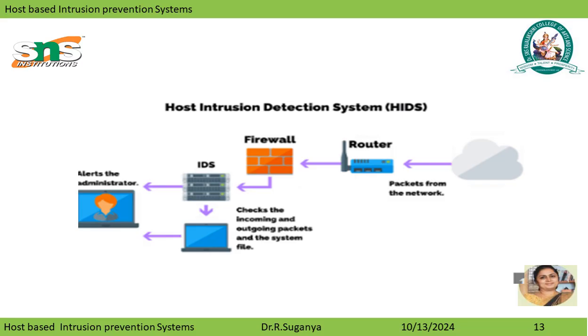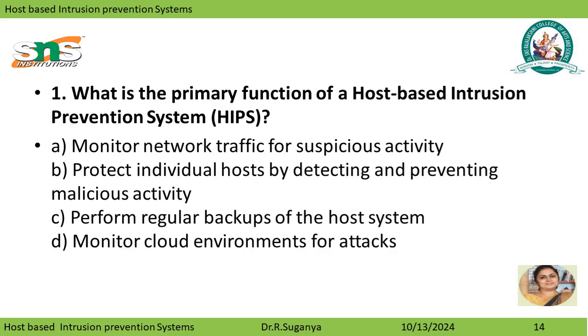And the firewall is one of the prevention techniques, which checks the incoming and outgoing packets of the systems, and the router receives particular messages from the cloud and is the intermediate between, so which side the particular prevention happens. So the firewall detects on both sides, in order to prevent the particular intrusions.